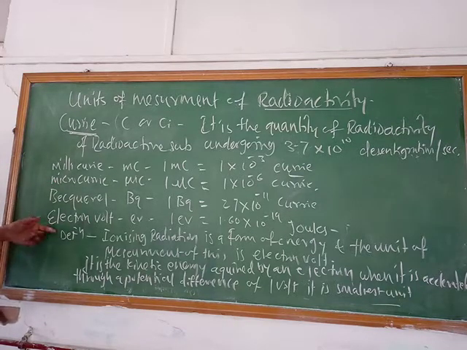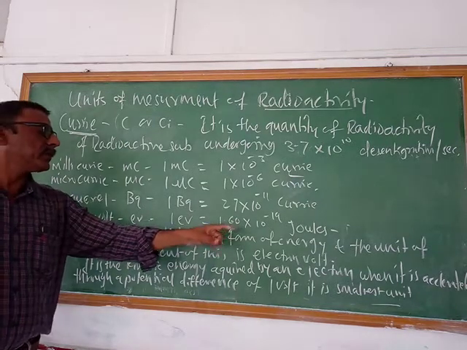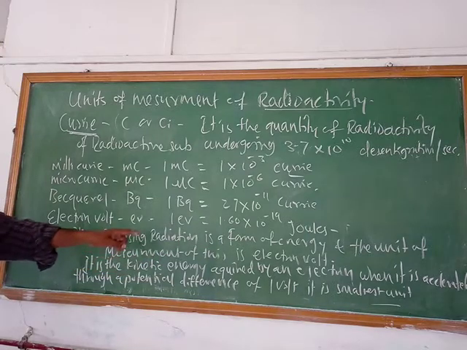Electron volt is also a small unit. It is the kinetic energy acquired by an electron when it is accelerated through a potential difference of 1 volt. Ionizing radiation is a form of energy, and the unit of measurement of this is called electron volt.